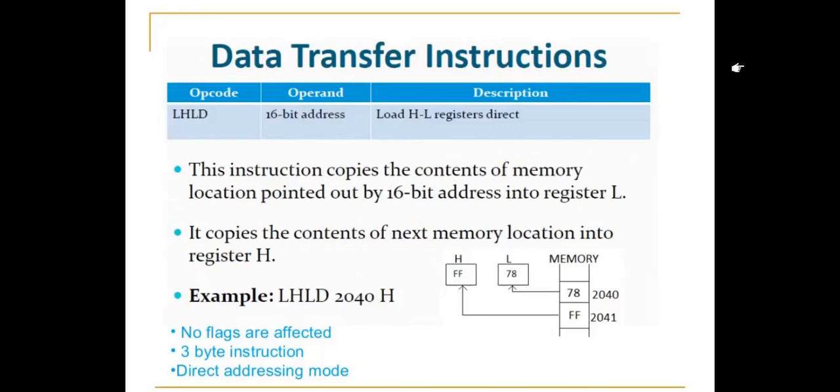That is what is happening here, and this is a 3-byte instruction, as we are mentioning a 16-bit address. The addressing mode type here is direct addressing mode, as we have directly mentioned the address. In the same way as LHLD, we also have LDA, and that is also a direct addressing mode.